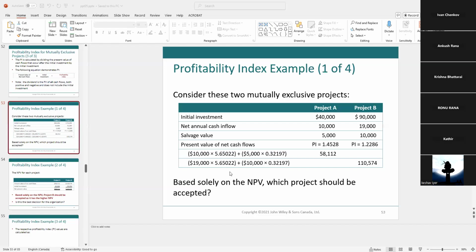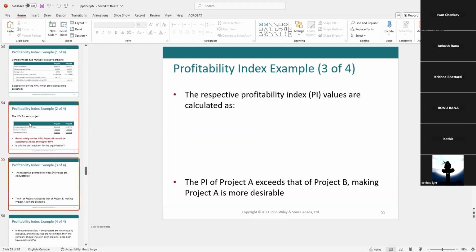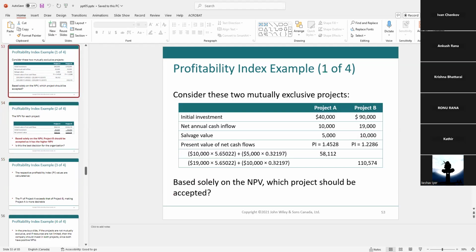Let's go back to the slides. Now we know how to deal with this type of information. So which one is going to be accepted? Definitely the first one, because the first one is going to give you the highest profitability index.